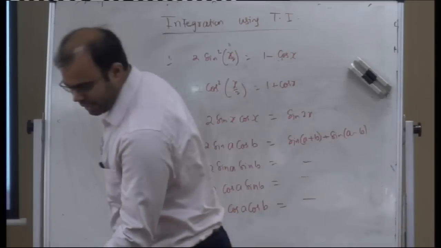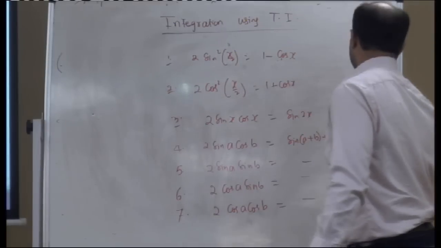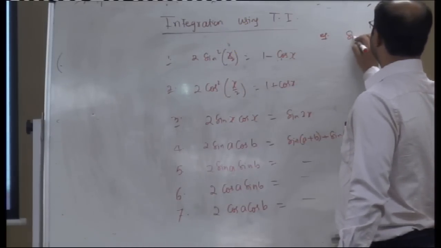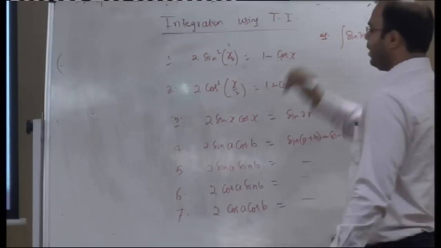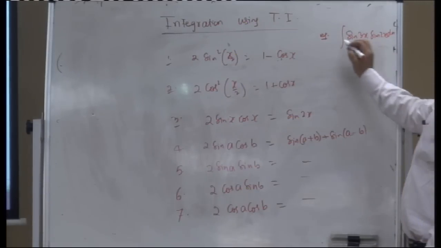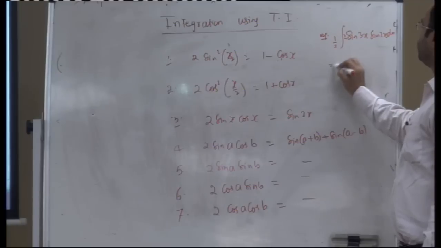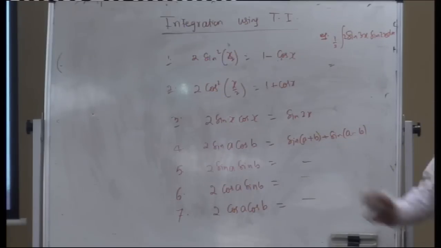Next we take an example like sine 3x sine 2x dx, integral of this you have to find. Now by the standard method which we have just studied, you will multiply by 2 and divide by 2. You will write 2 sin a sin b is cos of a minus b minus cos of a plus b.